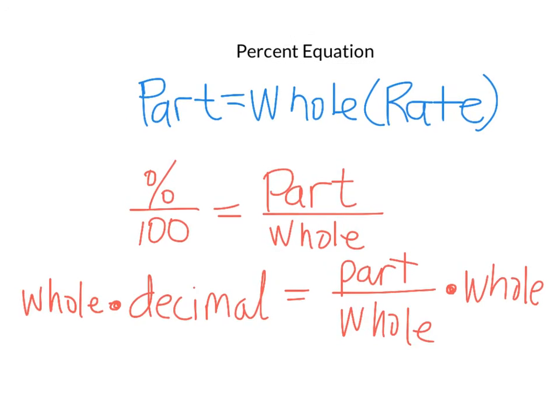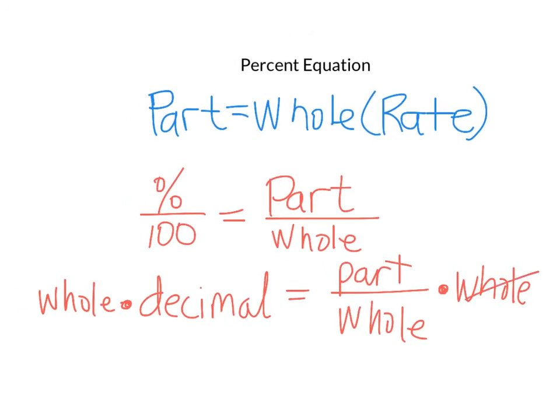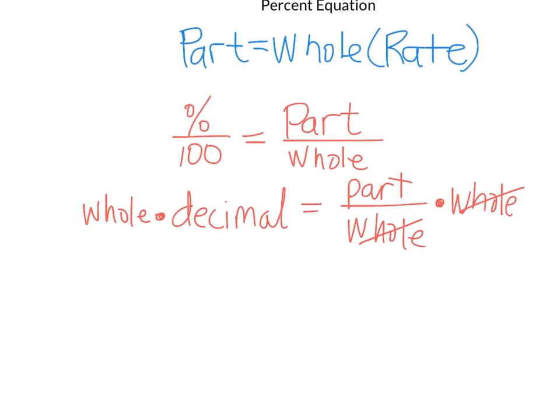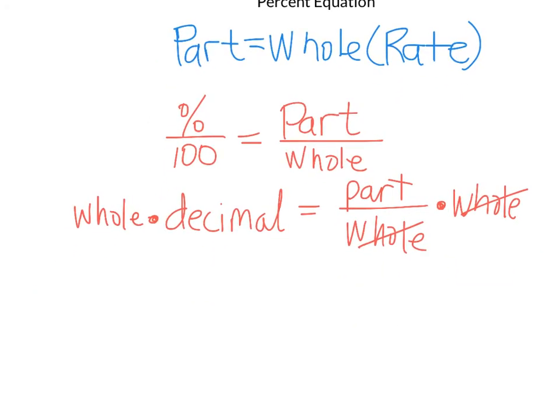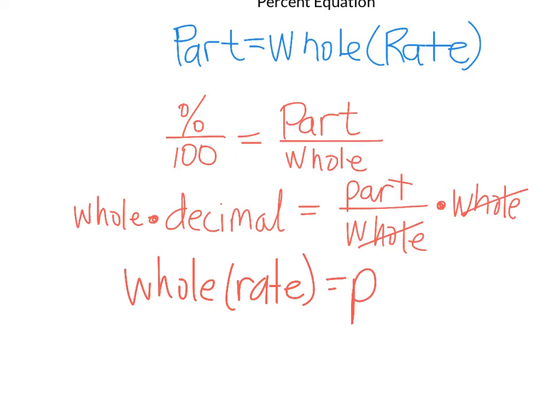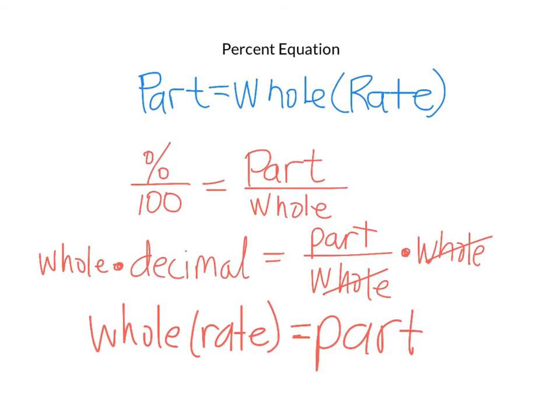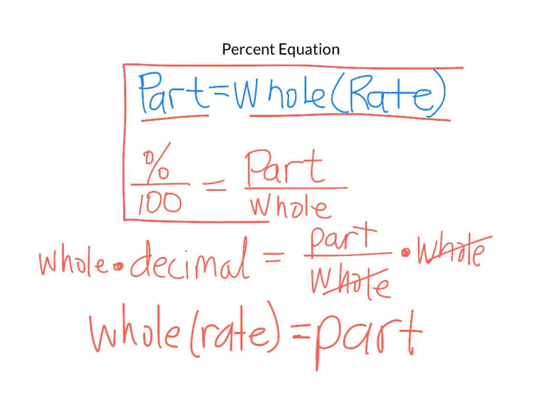So on the right side, multiplying by the whole cancels the denominator, and what we're left with is the whole times the decimal, which we call the rate, equals the part. And we usually turn it around so part is on the left side and the whole and the rate are on the right side. So I just want you to see how these two are the same.